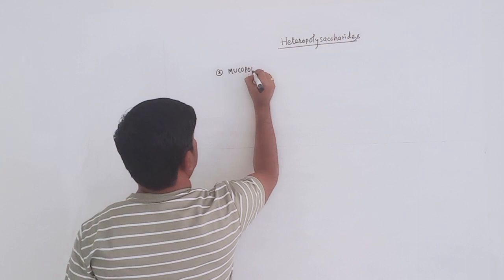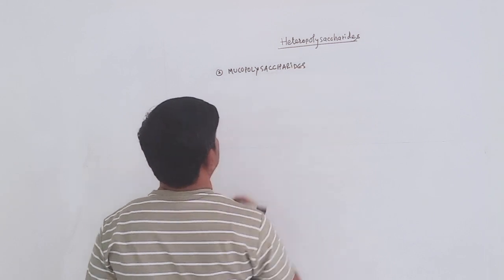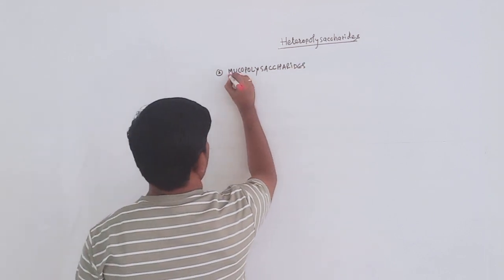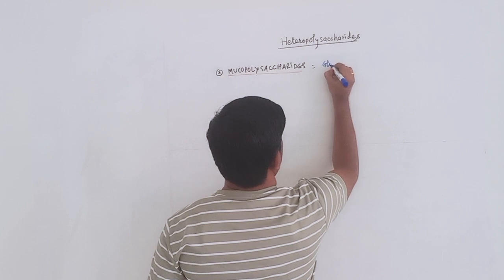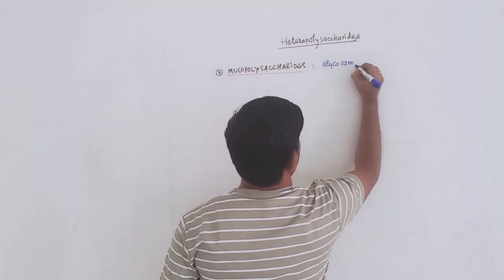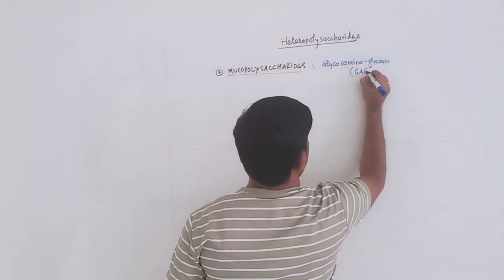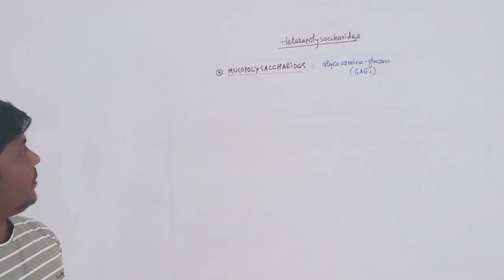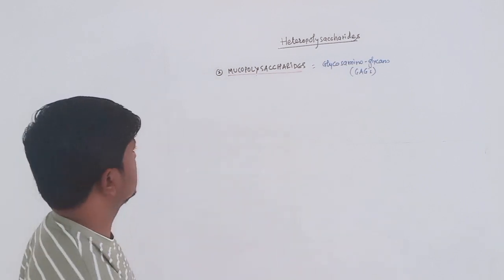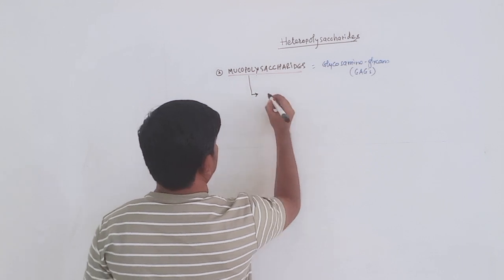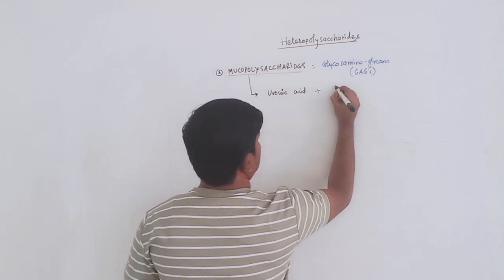Now we will see mucopolysaccharides. Mucopolysaccharides are also known as glycosaminoglycans, and they are mainly composed of uronic acid and amino sugar.